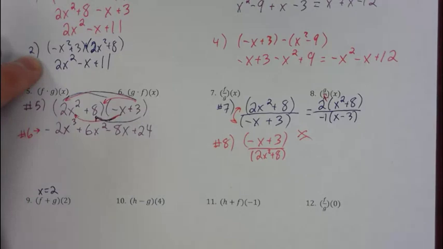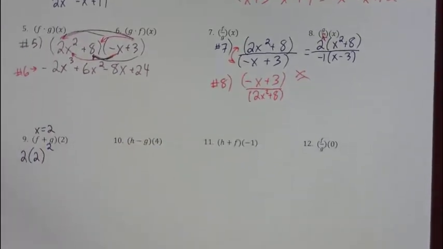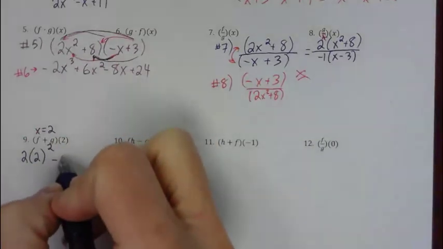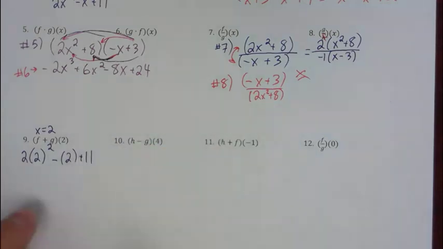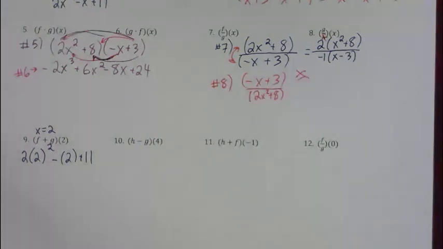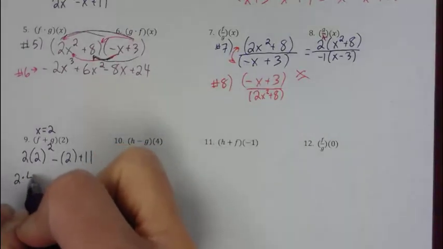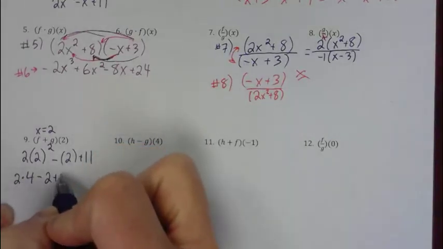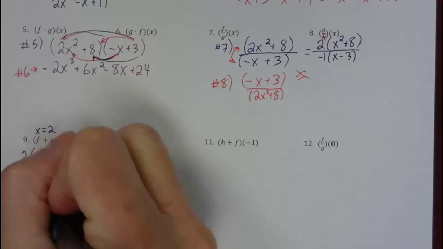So I'm going to put in 2 times 2 squared, minus 2, and then plus 11. I always like to put the numbers I'm inputting in parentheses, so I know that was something I added and not something that was in the expression or function originally. So I would take 2 times 4 minus 2 plus 11 and put that in a calculator or solve it using mental math. In this case, 8 minus 2 is 6, and 6 plus 11 equals 17.